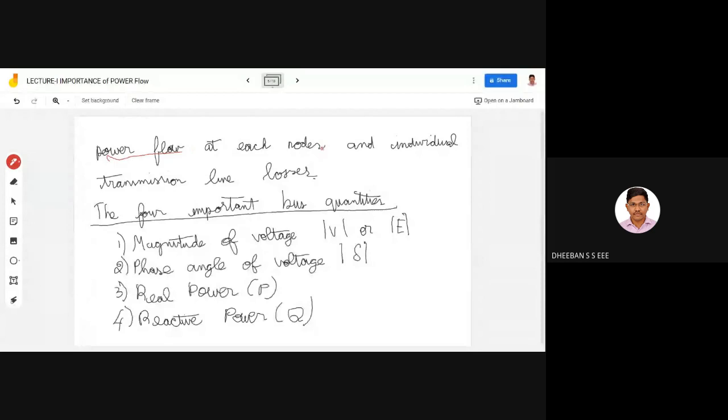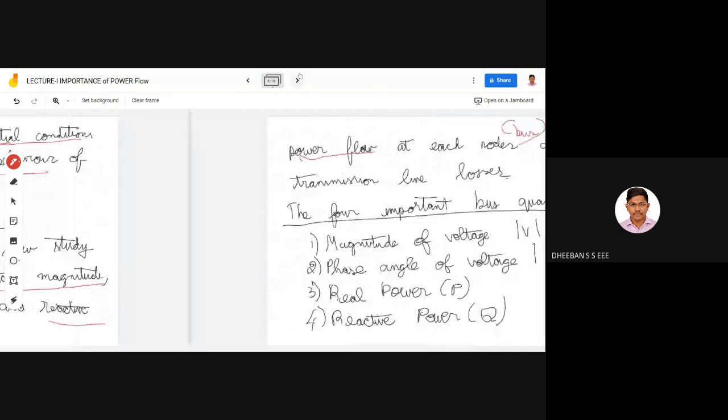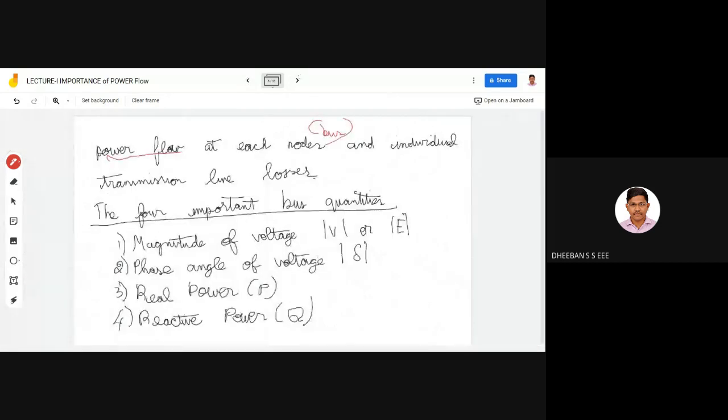Here nodes represent buses, and individual transmission line losses can also be inferred from your load flow studies. These are the outcomes of your load flow studies.